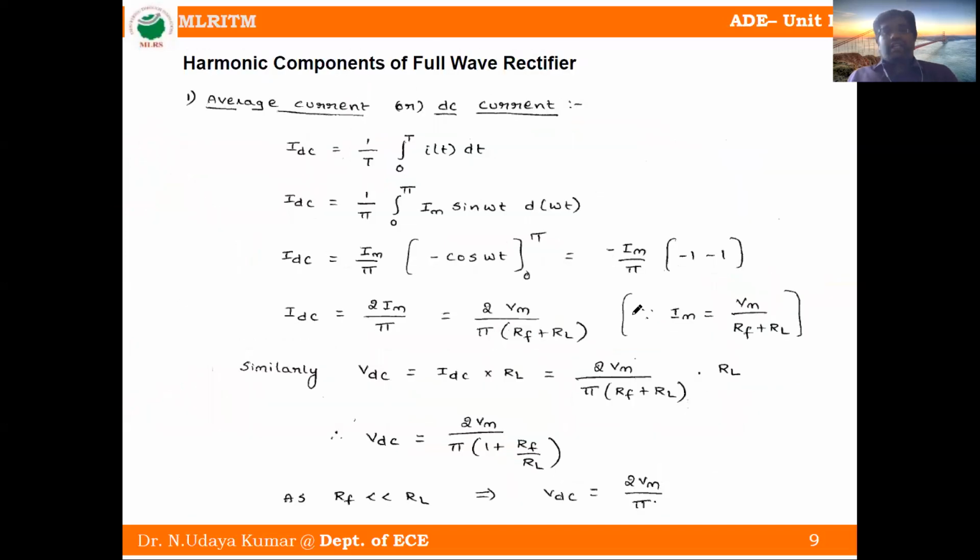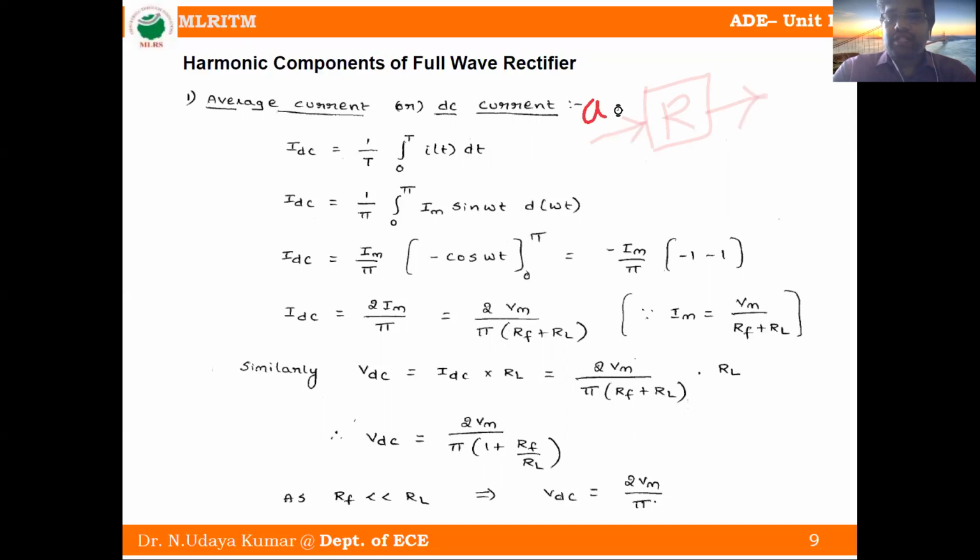So we will see some harmonic components in the full wave rectifier. What is the average current or DC current? DC current is nothing but direct current, which exists at the output side. It is a rectifier circuit: this is the input, this is the output.